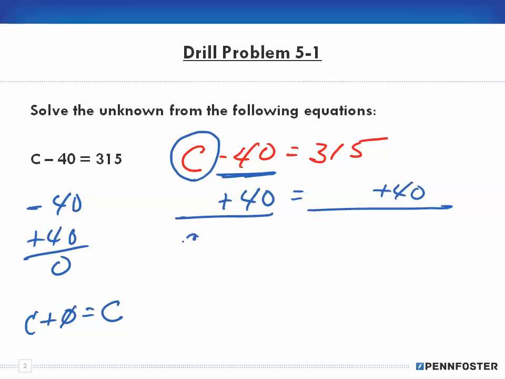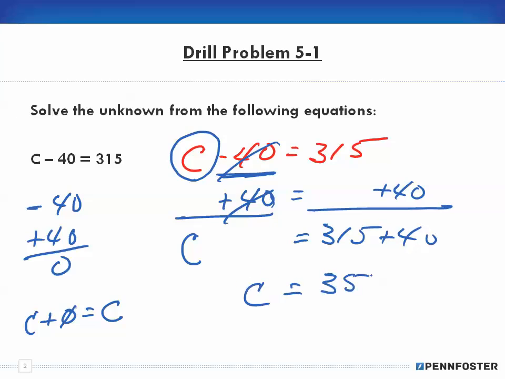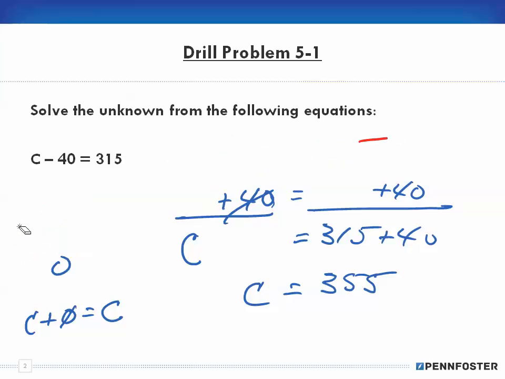I have C, this is now 0, these cancel each other out, and I have 315 plus 40, and that gives me C is equal to 355. So that's the math behind my quick way.